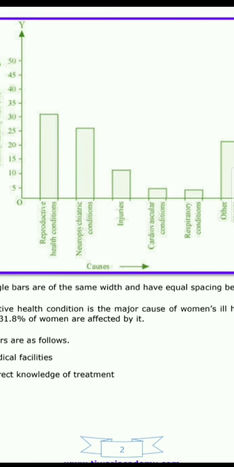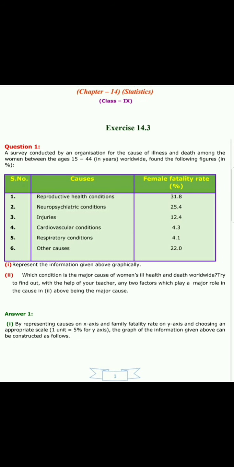As you can see here, according to the graph, we have represented the data using bars, which is given already in the question. The reproductive health conditions are 31.8%, so we have represented this in a bar. The neuropsychiatric conditions are 25.4%, which is also represented here as a bar.